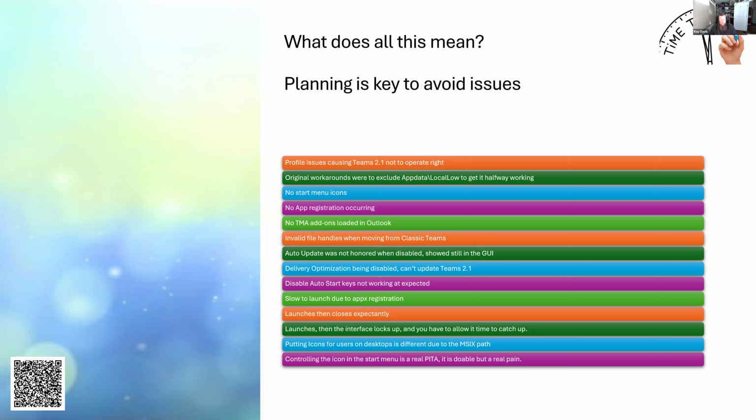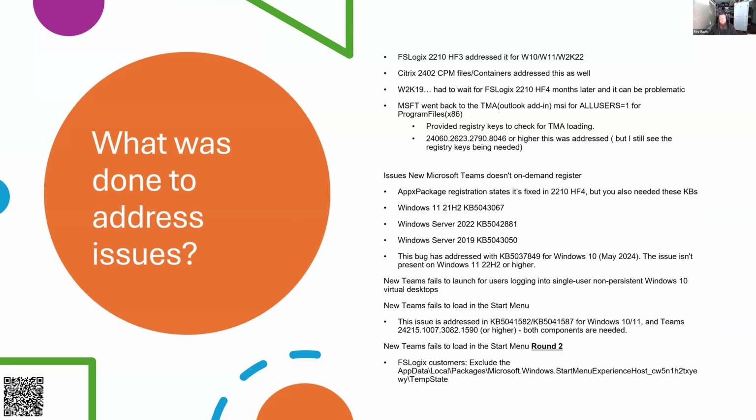There's times where, in a controlled environment, it's very challenging based on the nature of how Teams 2.1 works as far as the MSIX, but there is a set of requirements that Microsoft has put together over time, and it really is a much better installation, depending on the environment, I will say. So these are some of the challenges that a lot of us went through.